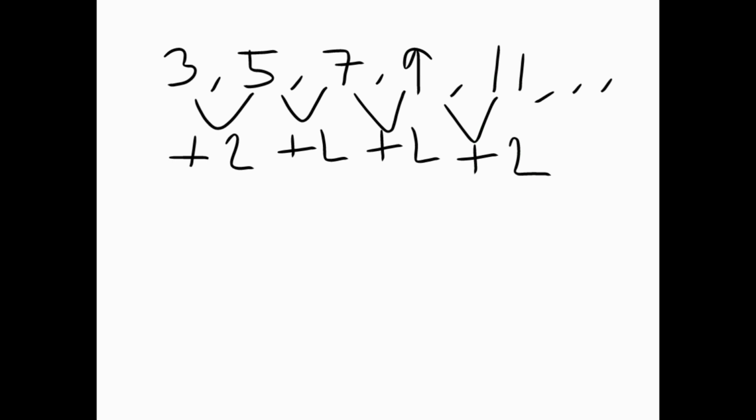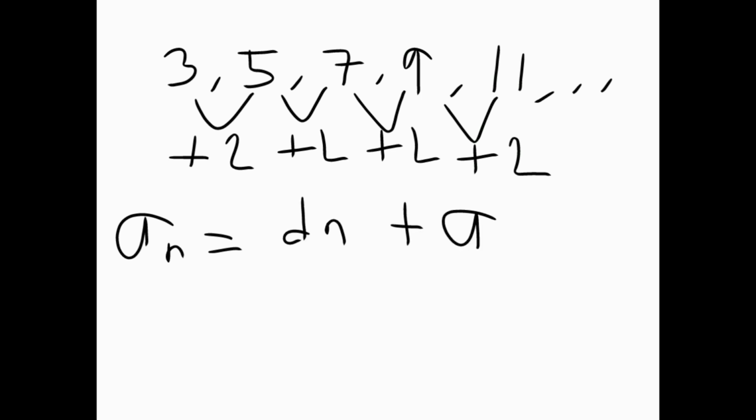Now, the formula for getting the explicit formula of the arithmetic sequence is a sub n is equal to d n plus a sub 0, or the zero term.